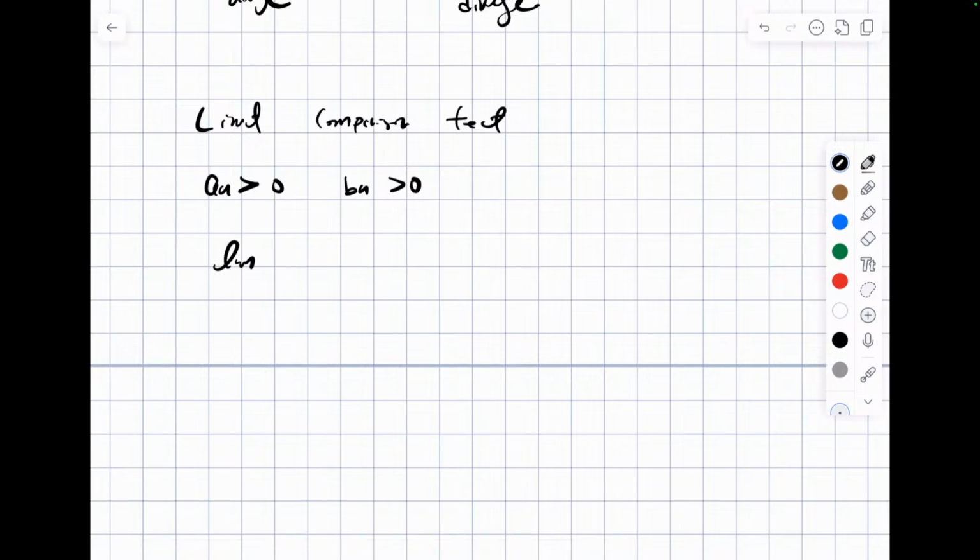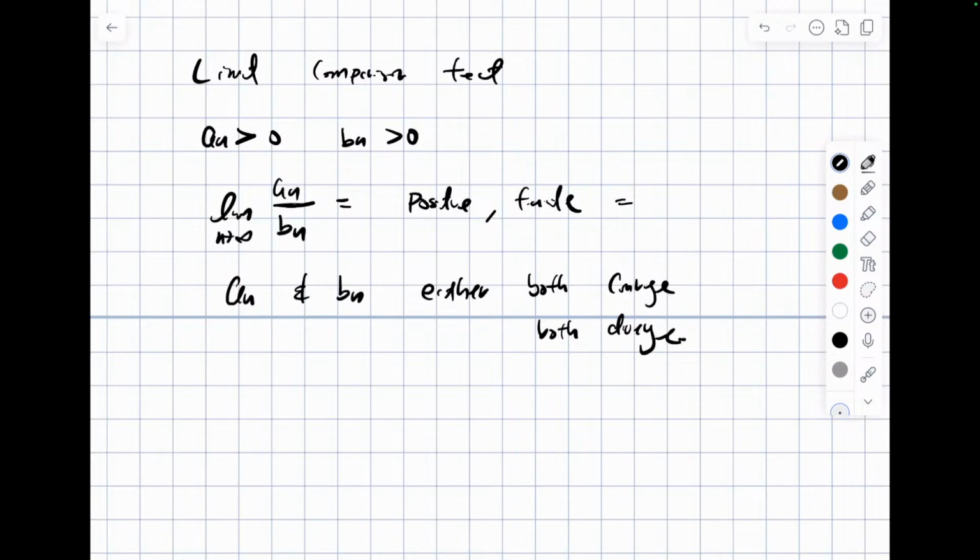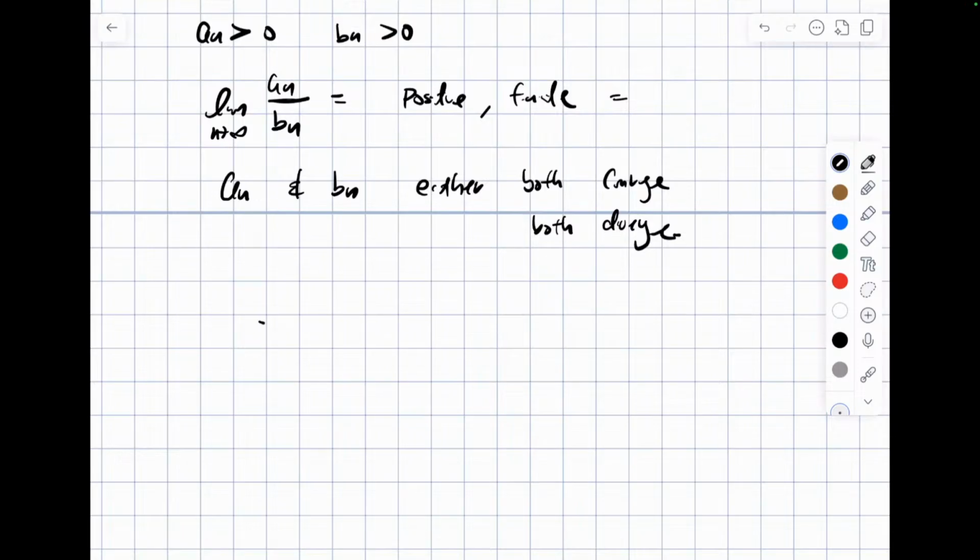You don't compare the series, you compare the limit of the ratio of a_n to b_n. If it is equal to a positive, finite number, then both a_n and b_n either both converge or both diverge, right? So we start with the first question: square root n over n squared plus 1.